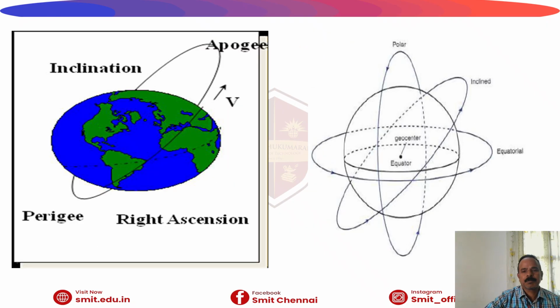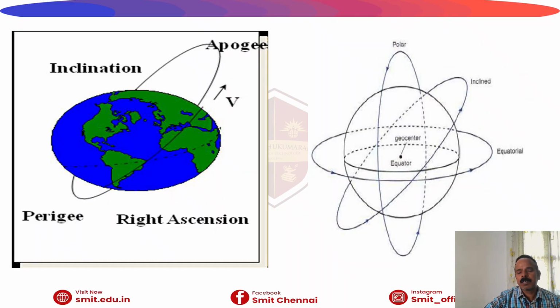The diagram depicts the inclination, what the apogee and perigee are, the right ascension of nodes, and which one is the equatorial plane, the inclined plane, and the polar plane.